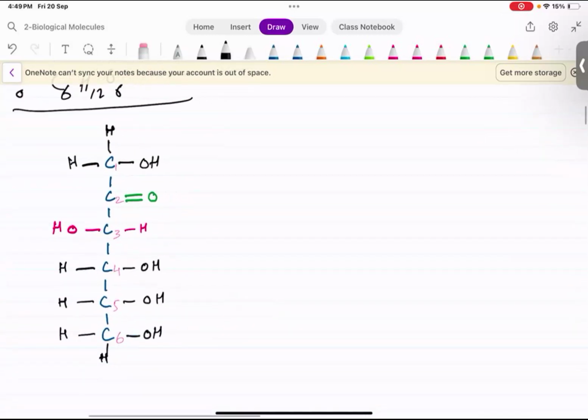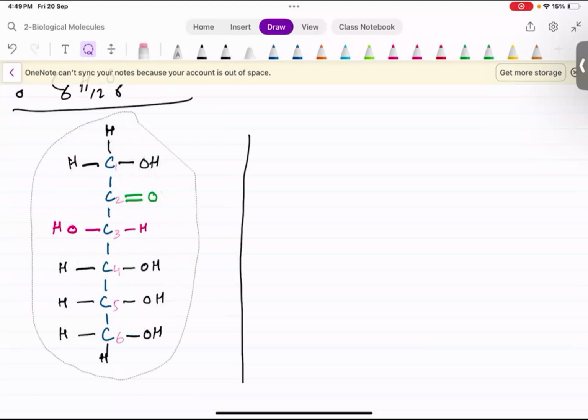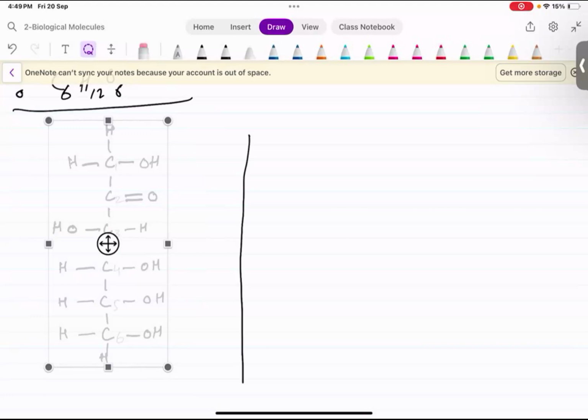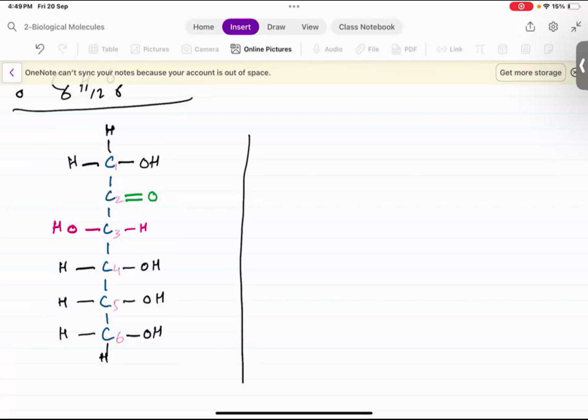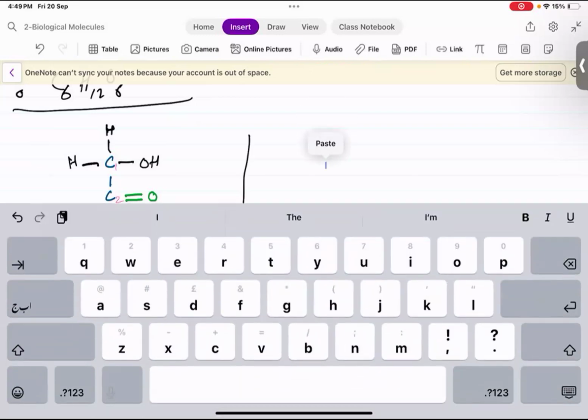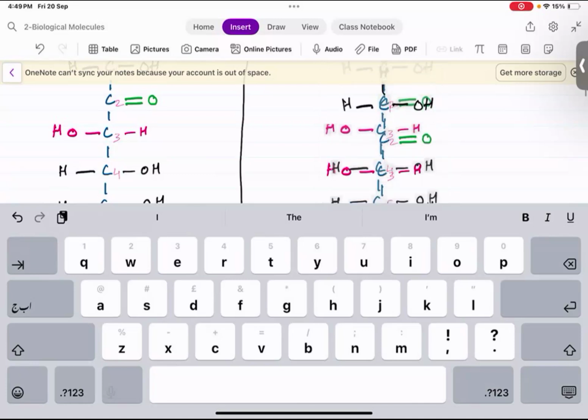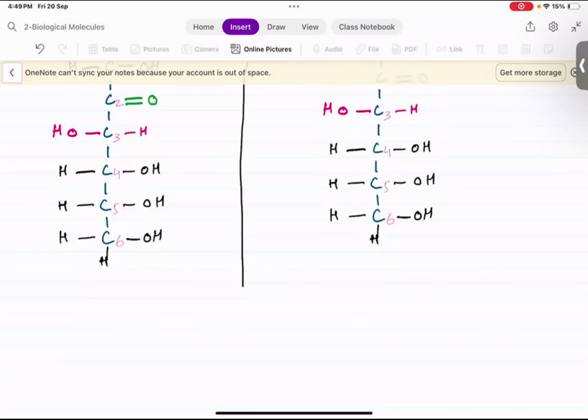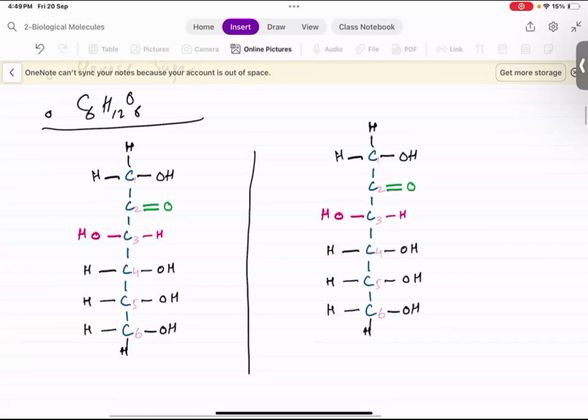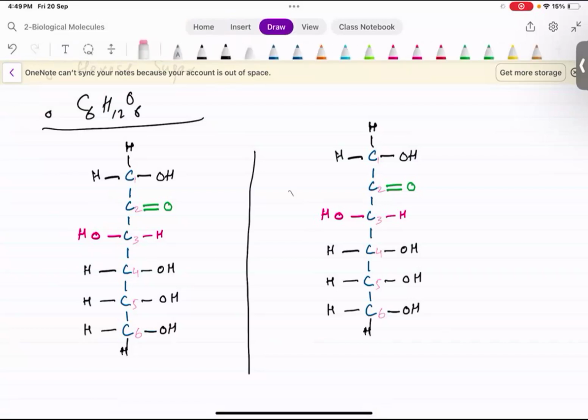Or if we compare it with glucose, let's see what is the difference.